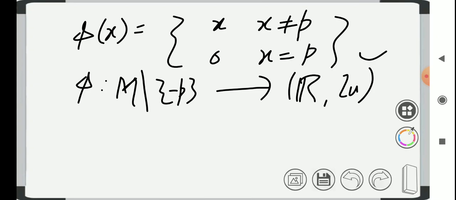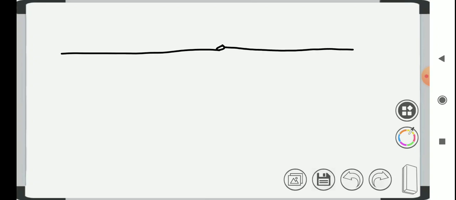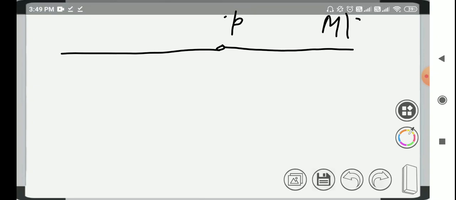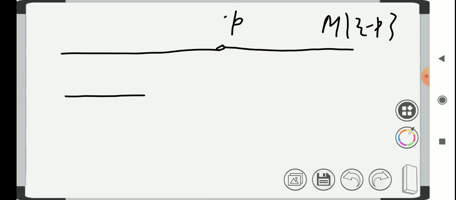It will be clear from the graph of this function. Let me prove it clearly. Let us denote this set, this is our set M minus P. This is the neighborhood of P, and this is our R.